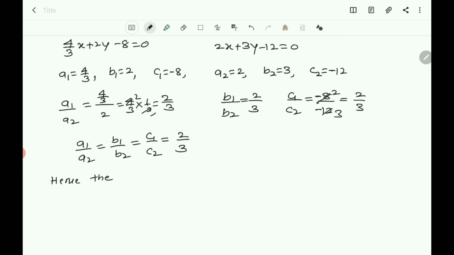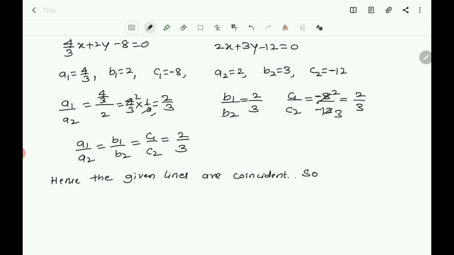Hence the given lines are coincident. Coincident means they are having infinitely many solutions.